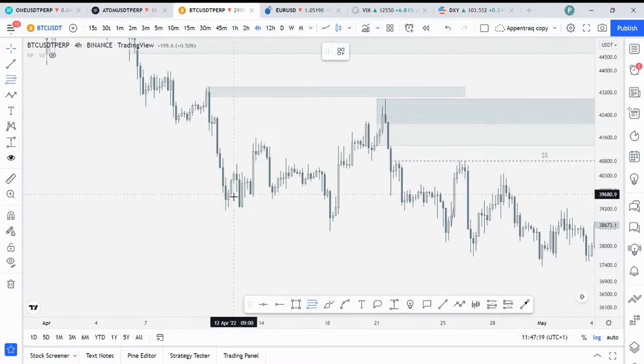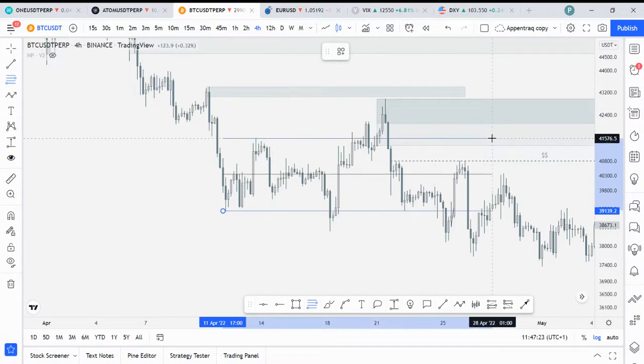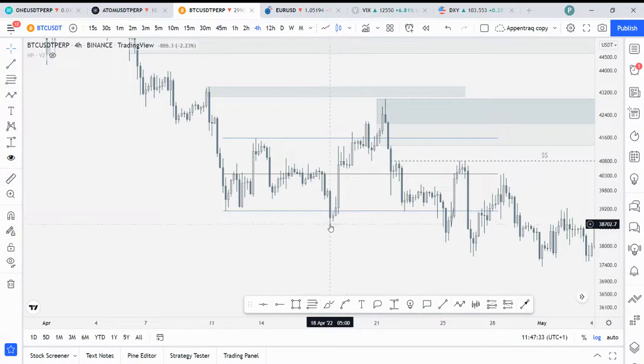If I draw my range, you see price forms a low, forms a high. Price deviates below the low. Once price goes back and retests the low, that's where you want to enter.